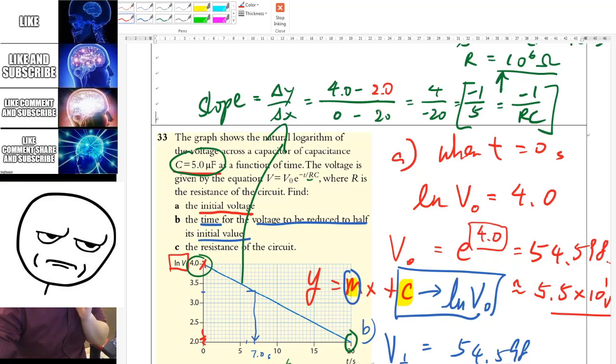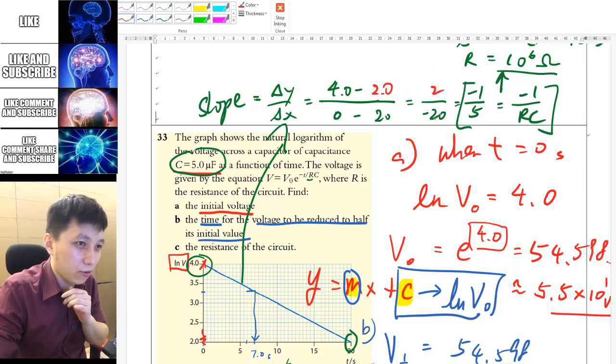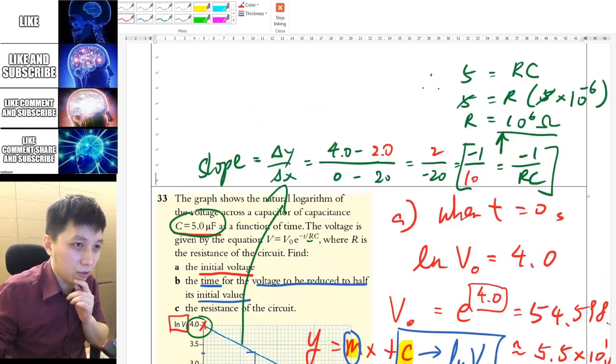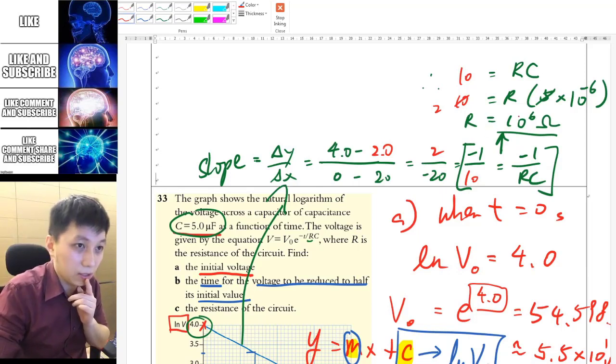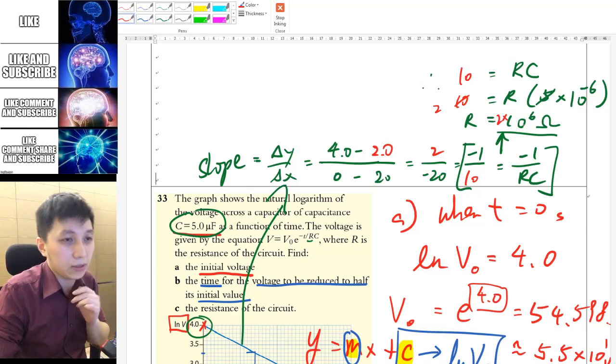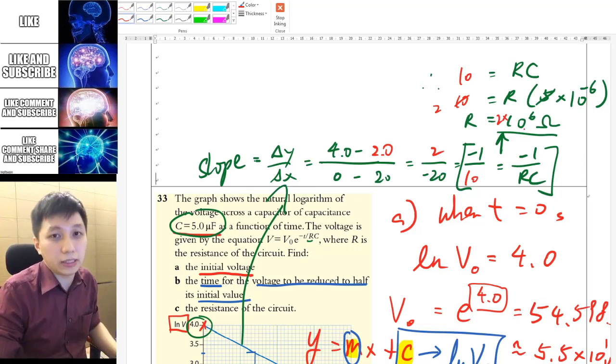And so the answer would then be changed to 2 over negative 20, and so here that should be negative 1 over 10, and so I would be able to change 10 here, we cancel 2, so this should be 2 times 10 to the power of 6 ohm instead. So this is the correct answer instead.